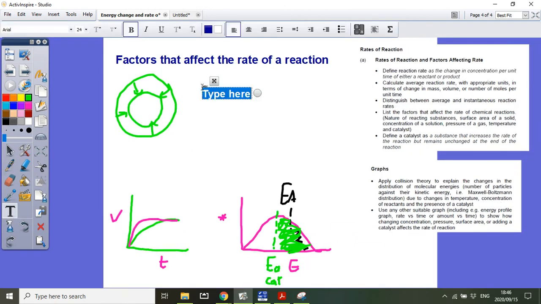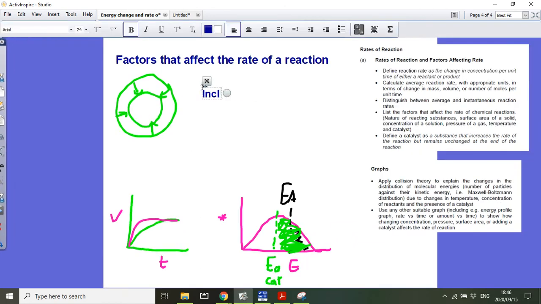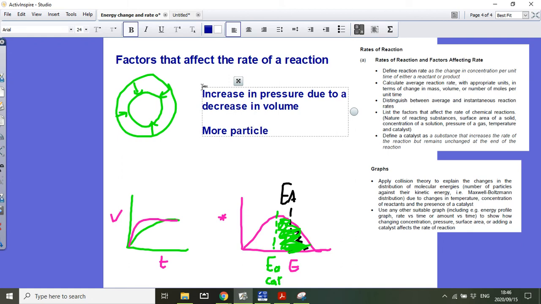So for pressure, an increase in pressure is due to a decrease in volume. Now, if the volume decreased, it means I have more particles per unit volume.